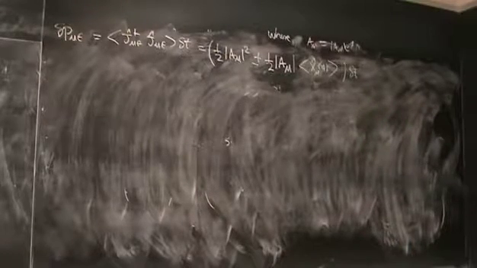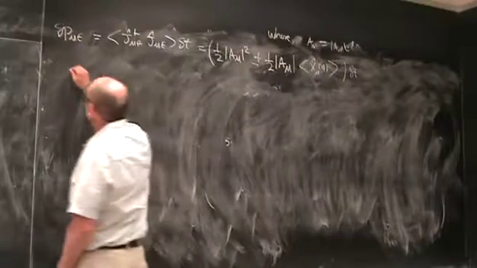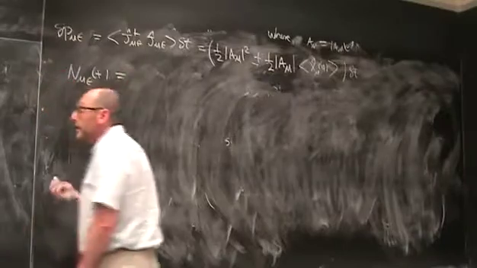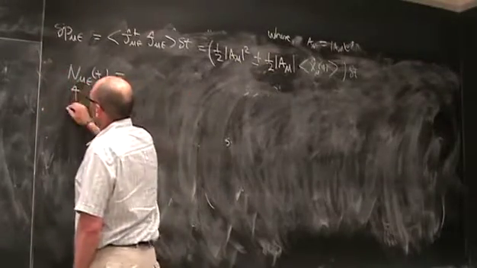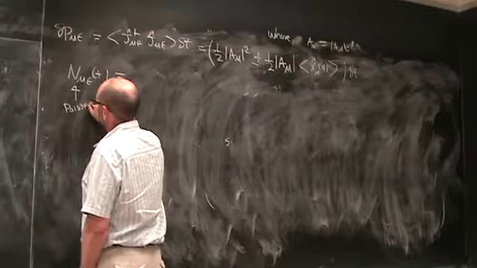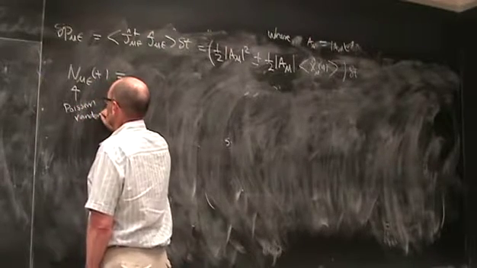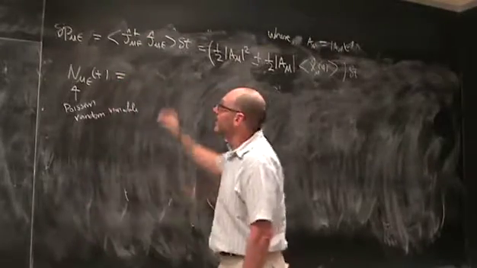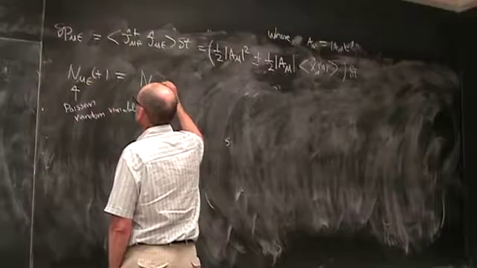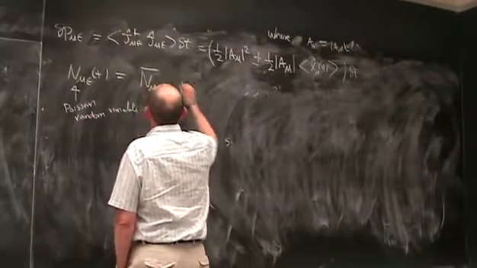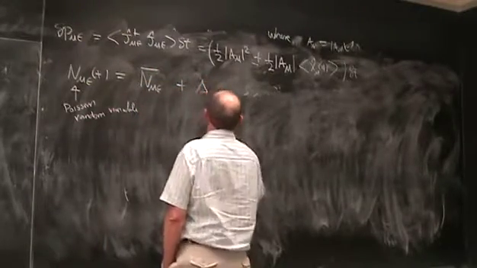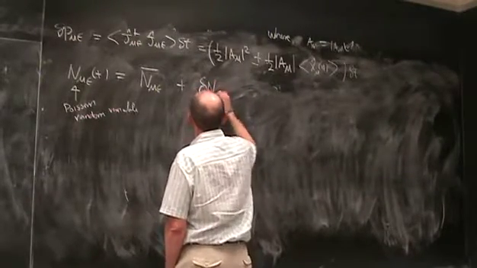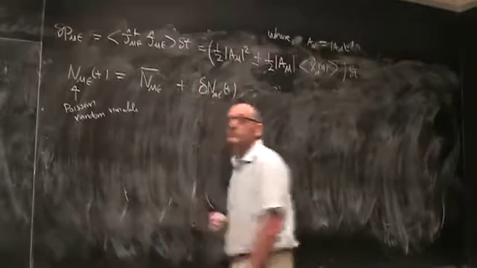So each one of these nus, to start, we can think about it as a Poisson random variable. It has a mean value and a fluctuation around the mean. Oh, I guess I'm calling this delta here.